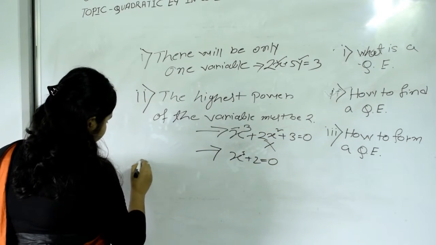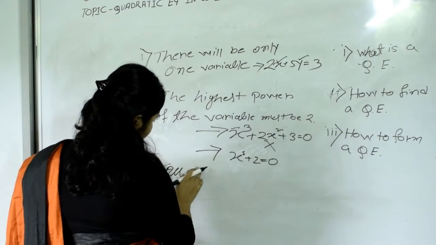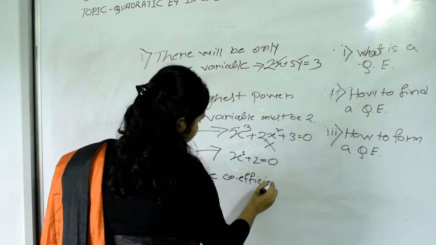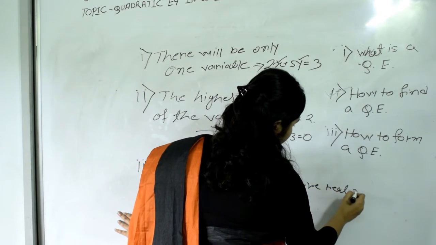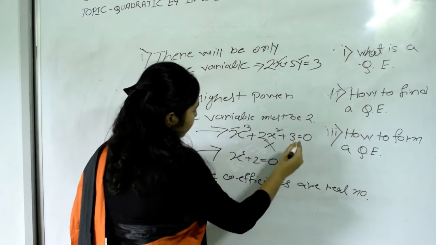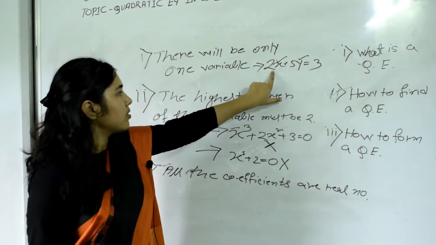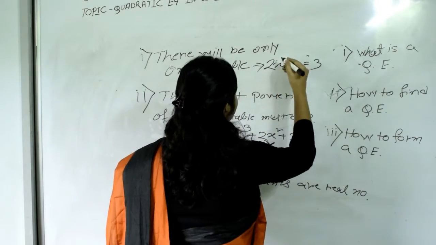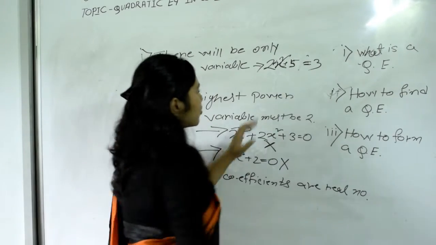And third one, all the coefficients are real numbers. So look at here. Consider the equation 2x square plus 5x equals to 3.